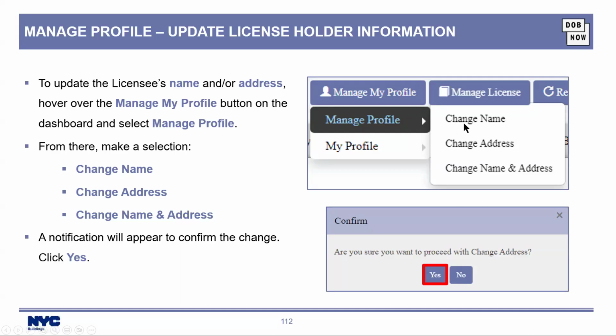From there, a submenu is going to pop out from that option where you can make a selection of either change name, change address, or name change and address. A notification will appear to confirm the change, and you will click on Yes to proceed.